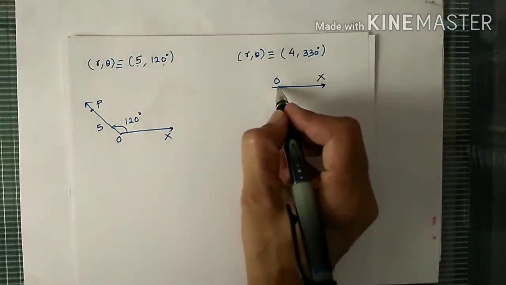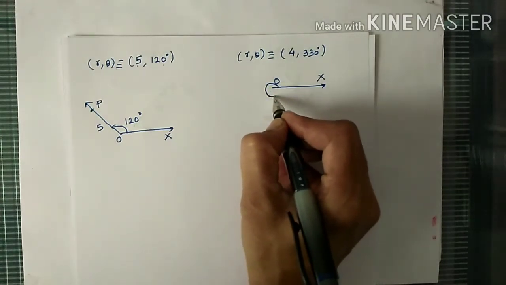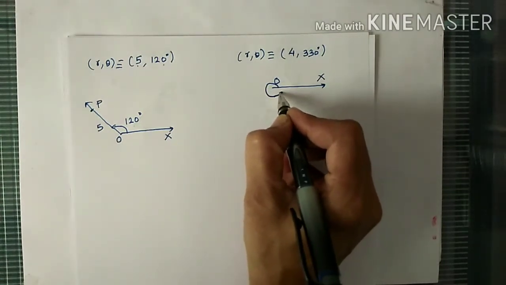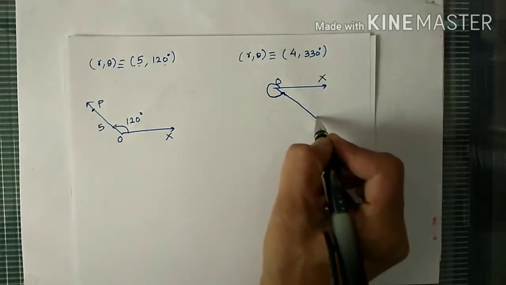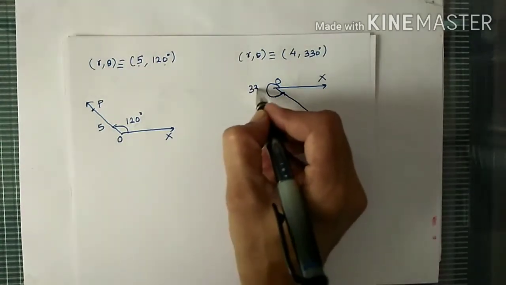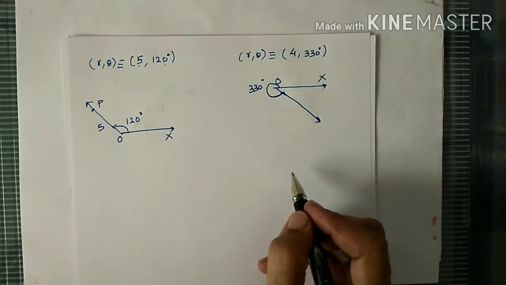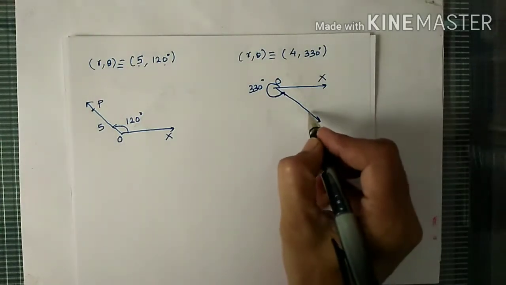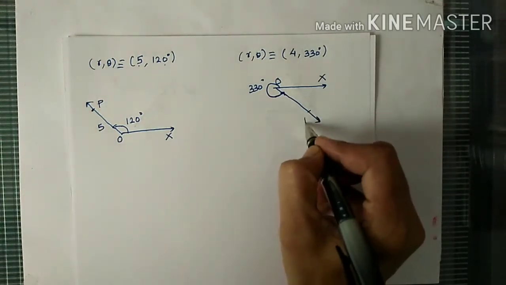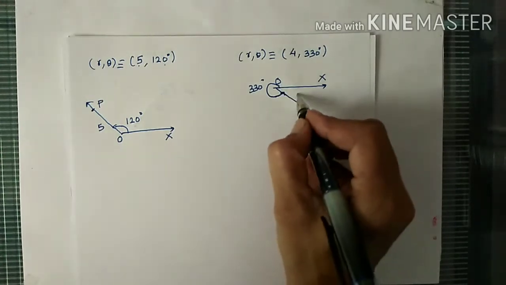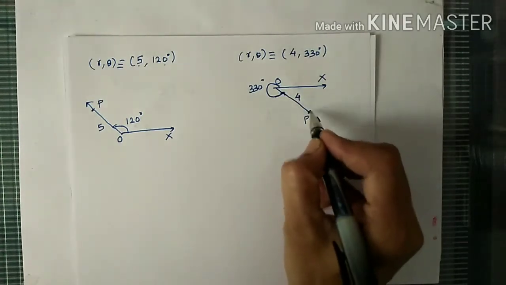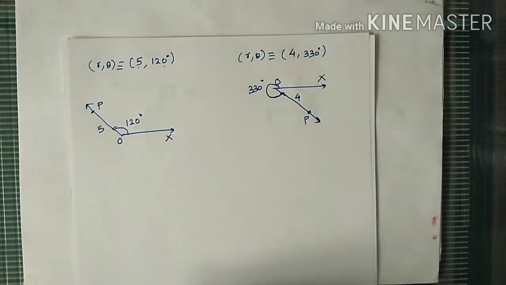So 330 degrees, this is 270 degrees, 270 plus 60 is 330 degrees. So this is angle 330 degrees. Now we want length OP to be 4. So take P on this terminal ray such that length OP is 4. So this is how we can determine the position of point P.